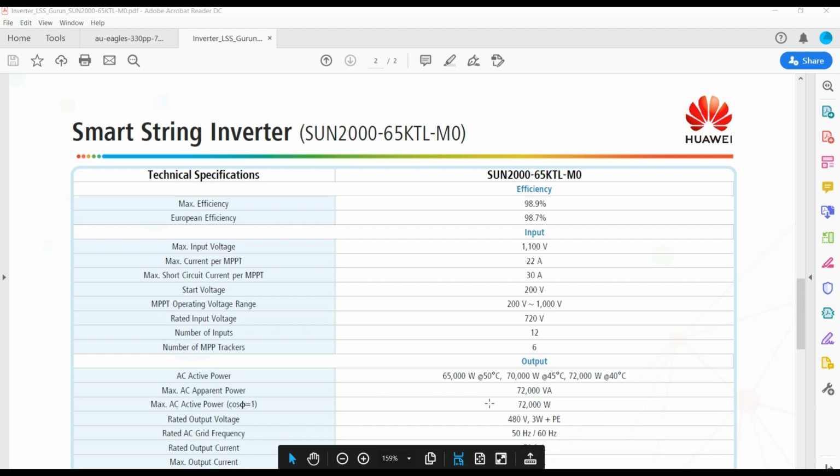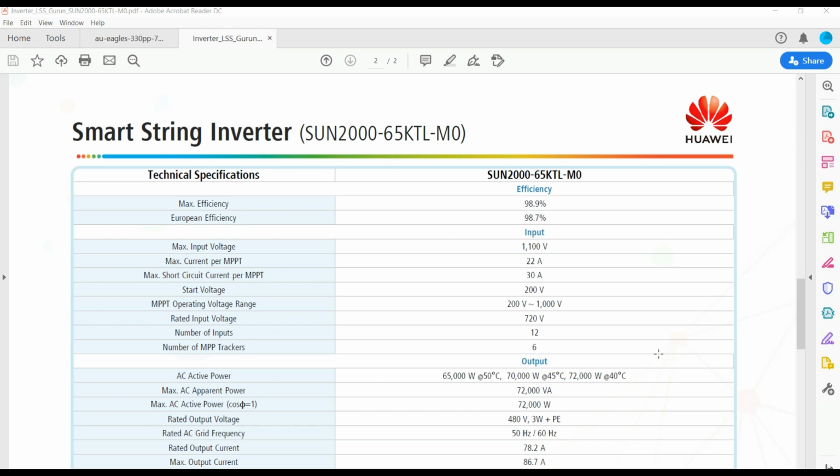So the active power output with different temperature. When you design, make sure you design based on climate. Okay, at 40 degrees Celsius, 45 degrees Celsius, or 50 degrees Celsius. This depends on the design. Okay. Maximum AC apparent power is about 72,000 VA, and the active power is about 72 kW. This is at power factor cos theta 1.